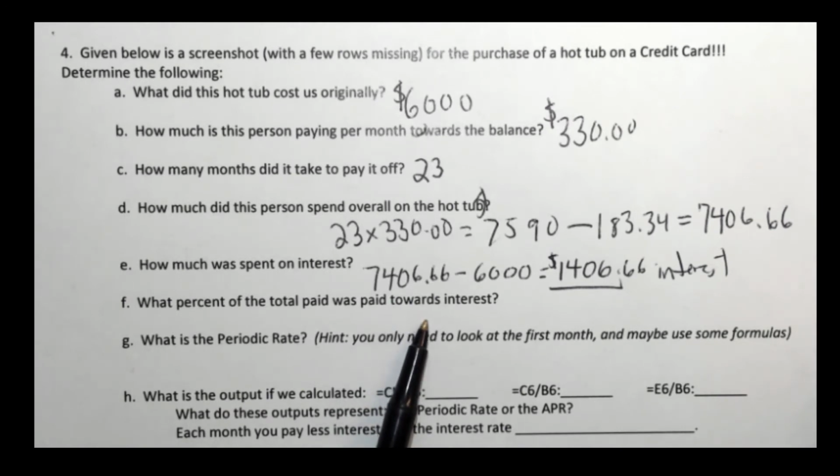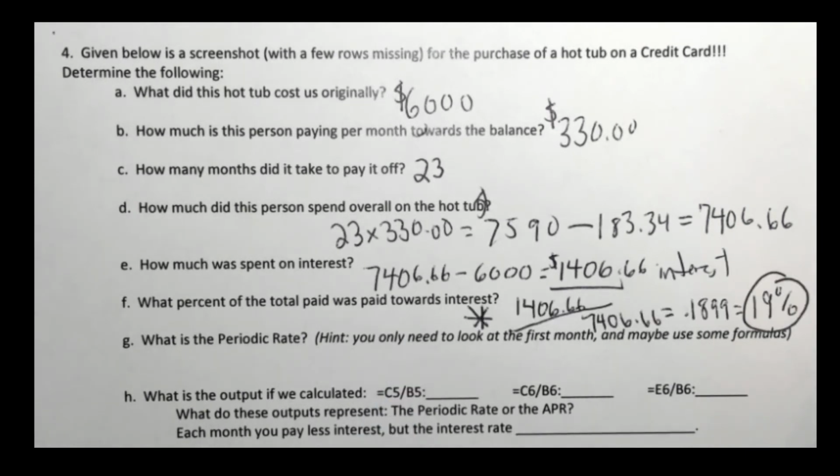You might want to pause and see what you can get. Well, there's what I got. Total interest over total payments. I divided it, and then I multiplied it by 100. Actually, this is 0.1899 over 1, so I multiplied both the numerator and the denominator by 100. But I just put the 100 from up here. So as a percentage, round it to 19%.